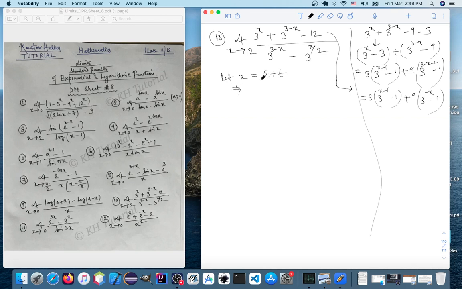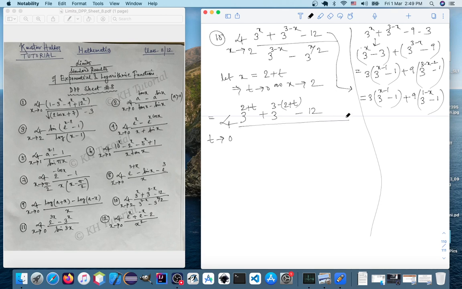This implies we want the tending variable to be 0, so t tends to 0 as x tends to 2. So the limit becomes, t tending to 0, 3 to the power 2 plus t plus 3 to the power 3 minus 2 plus t minus 12.